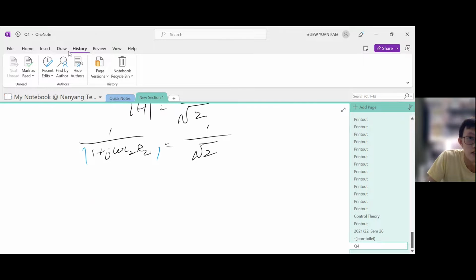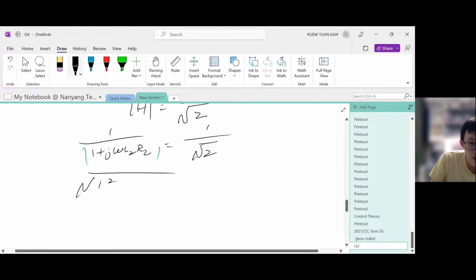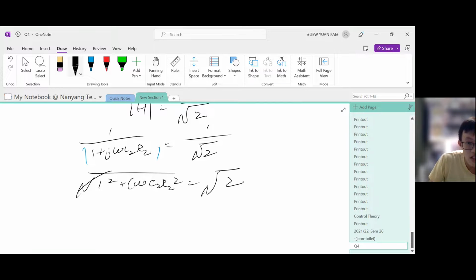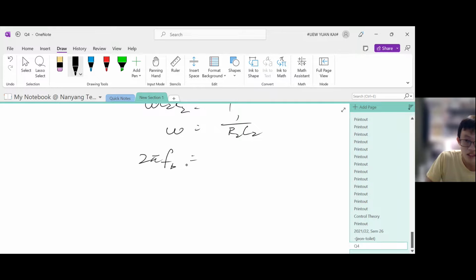Then you repeat the steps that we did earlier. The square root of 1 squared plus this whole thing squared equals √2. Squares can drop, and 2 minus 1 is just 1. Then you take the square root of that, and you should get 1 equals omega C2 R2. It means omega is 1 over R2 C2. Omega can be written as 2 pi fb equals 1 over, what's fb?